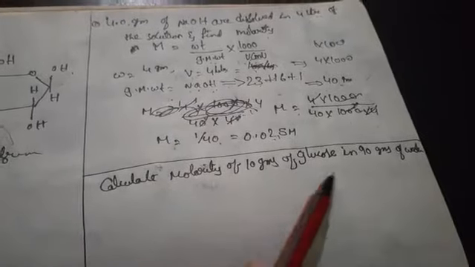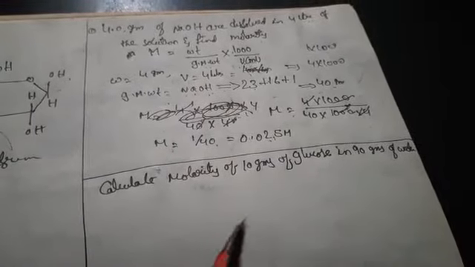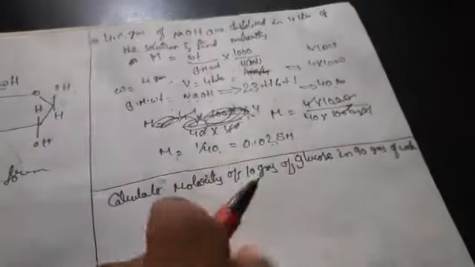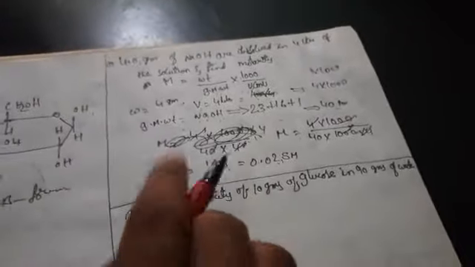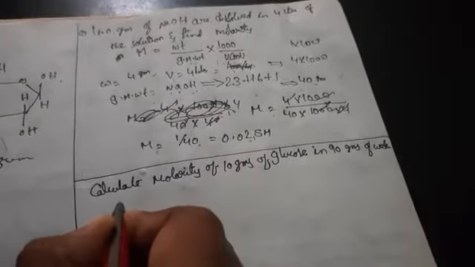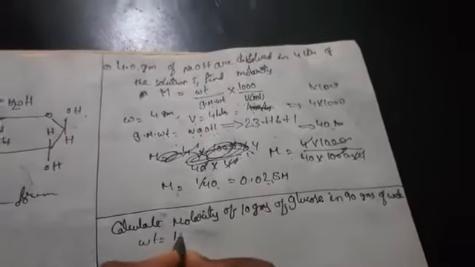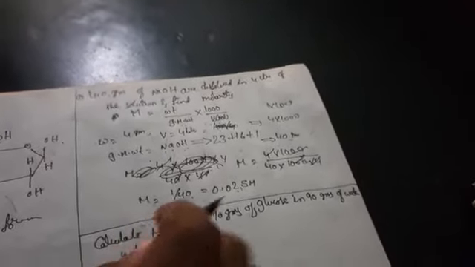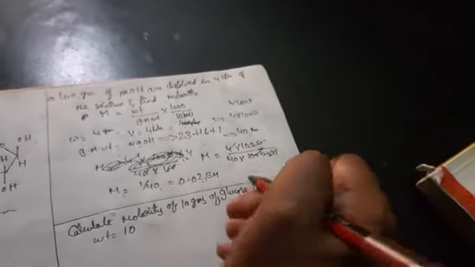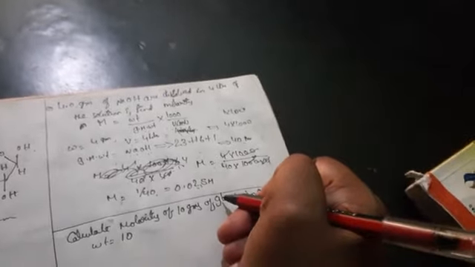Next one, see here: calculate molarity of 10 grams of glucose in 90 grams of water. See how he has given this one. First of all, weight he has given 10 grams. Sorry, this is not molarity, molality.